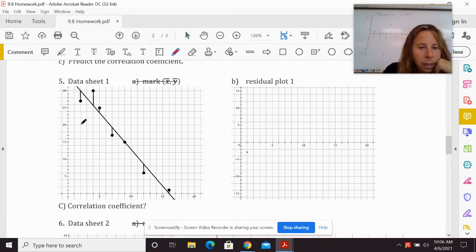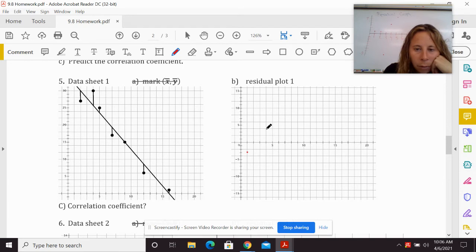So the next point is at x is 4. Okay, and how far away is it? 2, 3, 4. It is 4 away, and it is above the line, so we're positive.